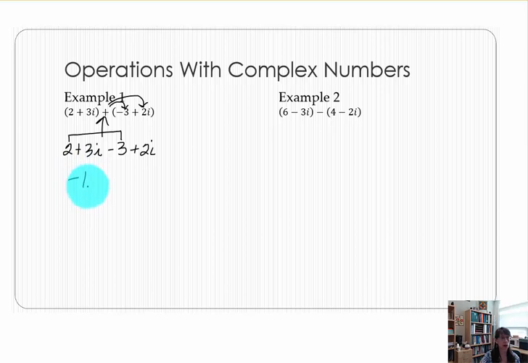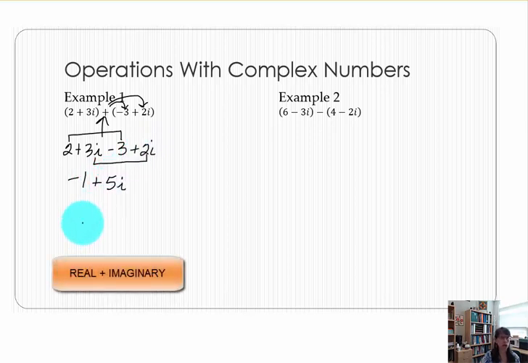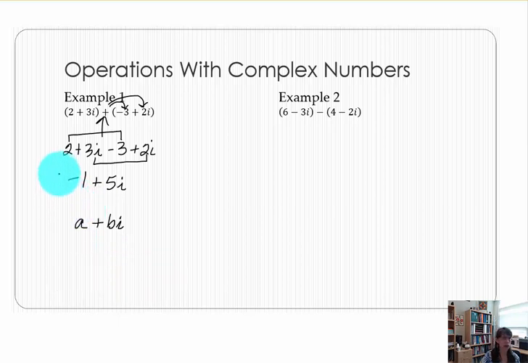That gives us -1. And then +3i and +2i are like terms, giving us +5i. So remember, the form we're looking for is in a plus bi format. That is the real number portion first and then the imaginary number. This is what makes up the complex number. So our answer is -1 plus 5i.